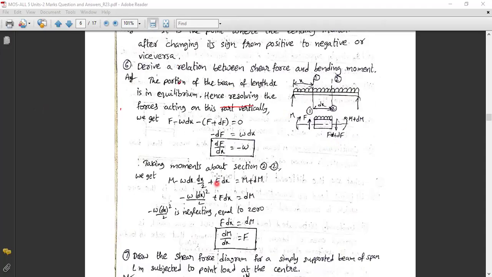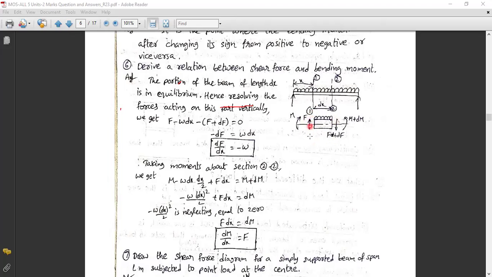In this figure, you can see at x distance, this is a simply supported beam with a UDL loading. We are taking a section at a distance x from the starting point. Here you can see F is there.